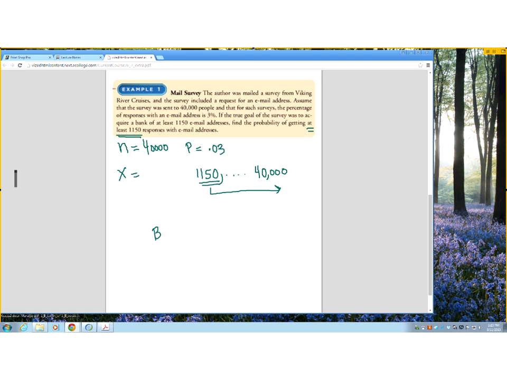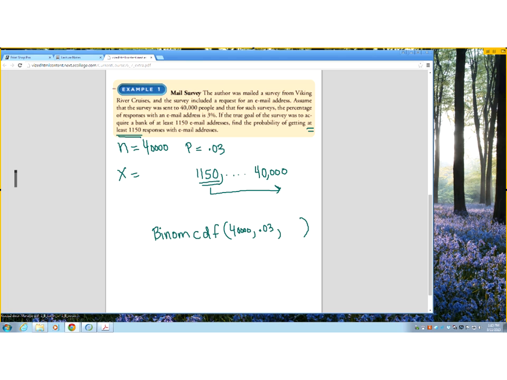Okay, that's right, binomial CDF. So I'm going to use the binomial CDF. And when I enter my information, I have to enter the n first, so that's 40,000, and then our p.